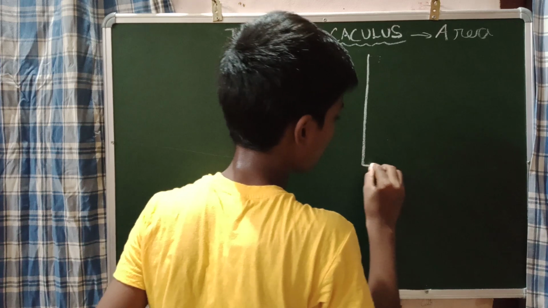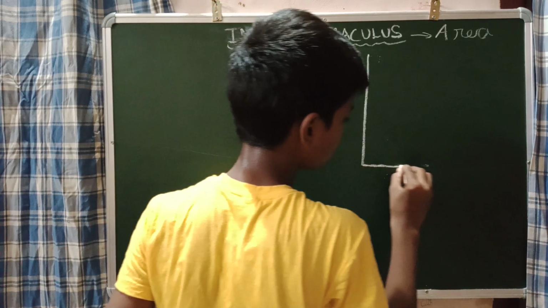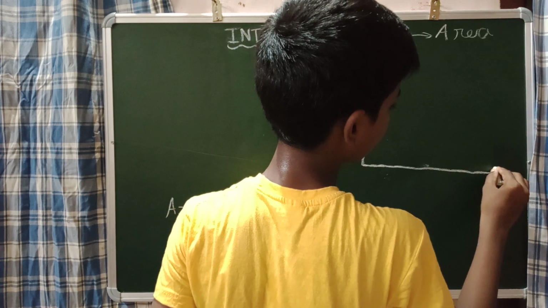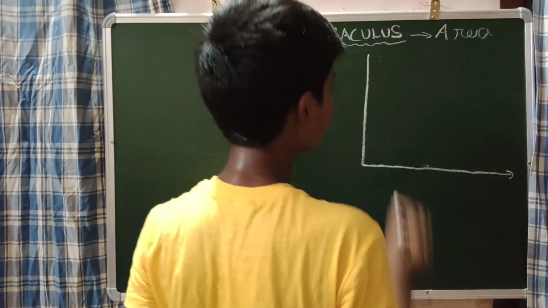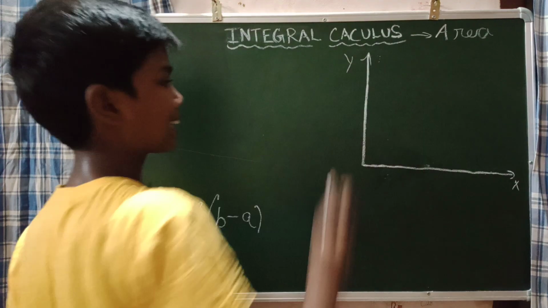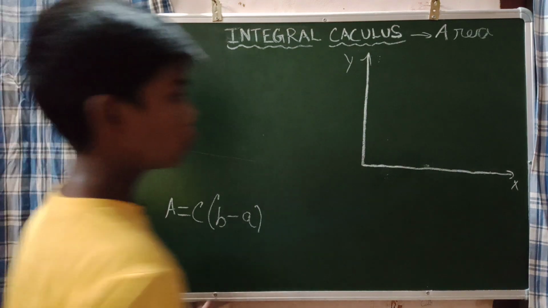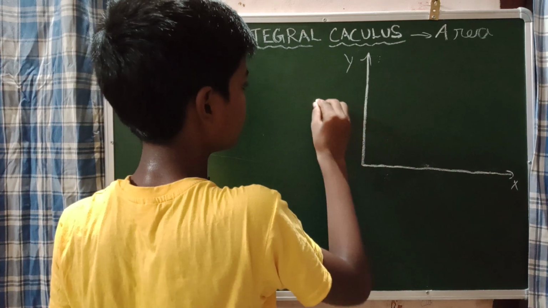Okay, now I have drawn it. Let us take that this is x-axis and this is y-axis. Now the slope, let us also take it as a velocity time graph.